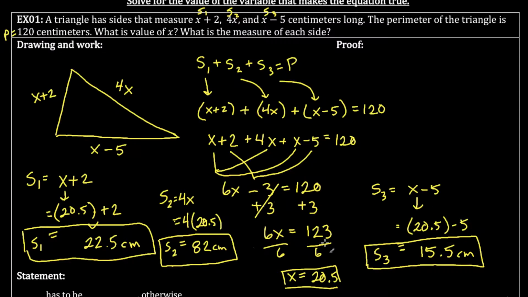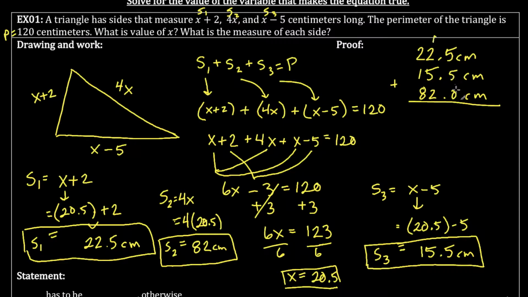And we have these. So we have x, we have side 1, side 2, and side 3. Let's go ahead and offer some evidence that this could be right. It's not foolproof, but we do what we can. So if we take 22.5 centimeters and we add 15.5 centimeters, and we add 82 centimeters, hopefully, yeah, I will get 120.